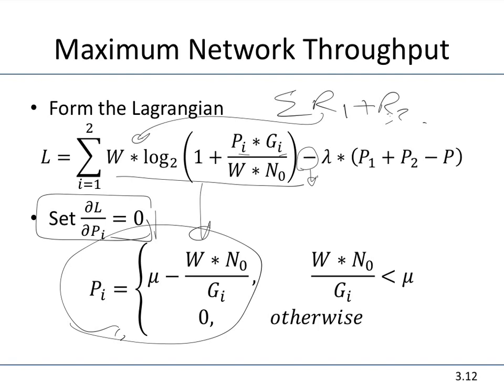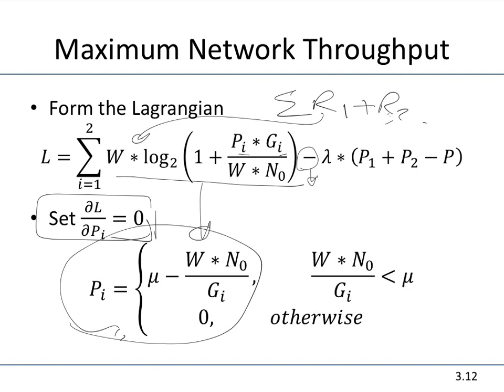It turns out that you get 2 equations in 2 unknowns, and the 2 equations are kind of mingled together, and it's not easy to solve. I will not ask you to derive this in the exam, because it's mathematically intensive a little bit.